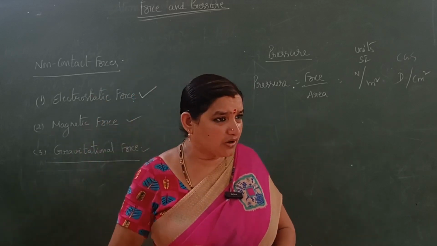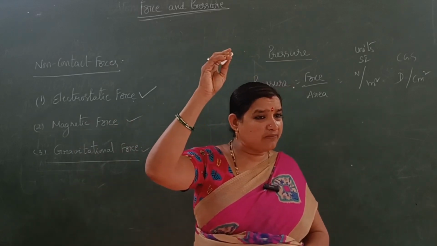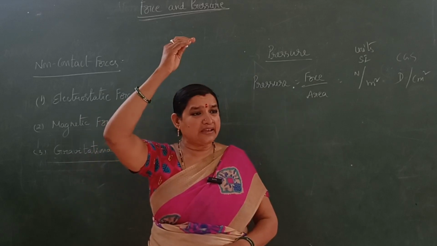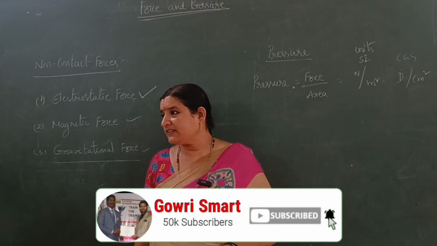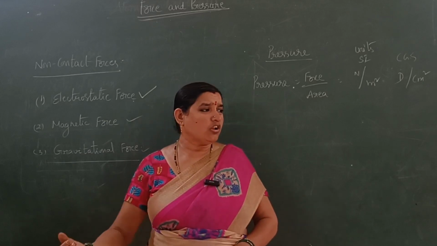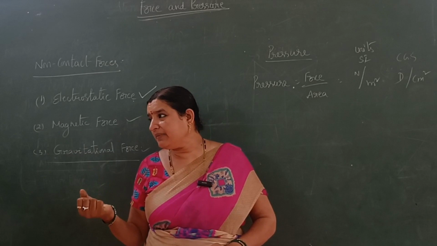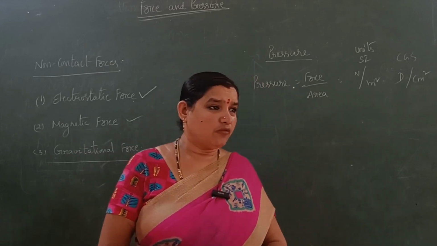A freely falling body reaches the earth's surface, and a vertically thrown body also reaches some height and then comes back to the earth's surface. So all objects are attracted by the earth. That is called gravitational force.